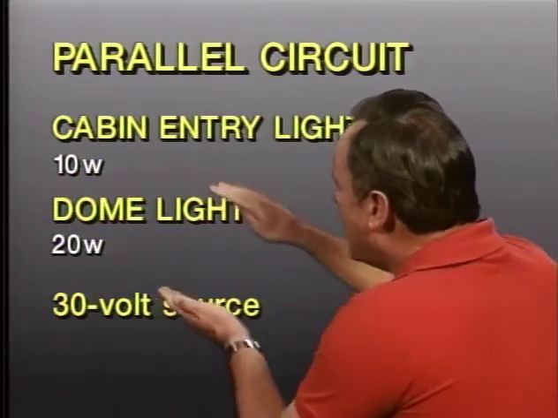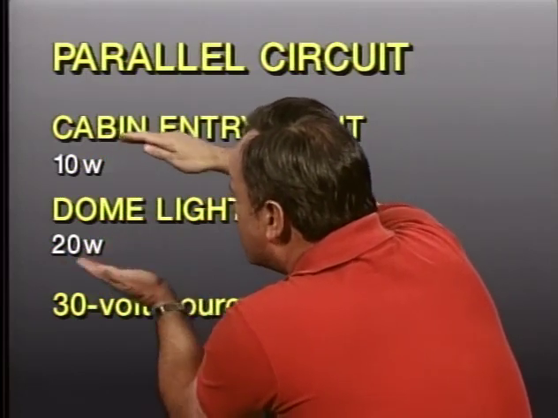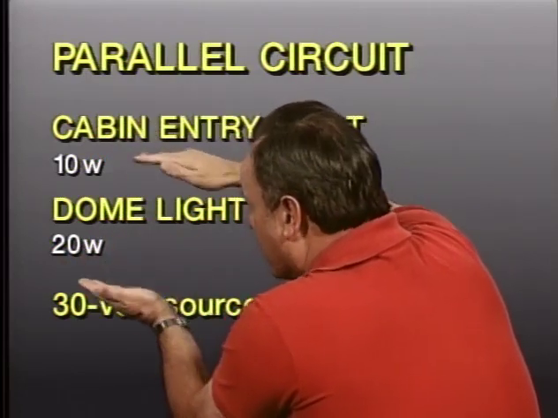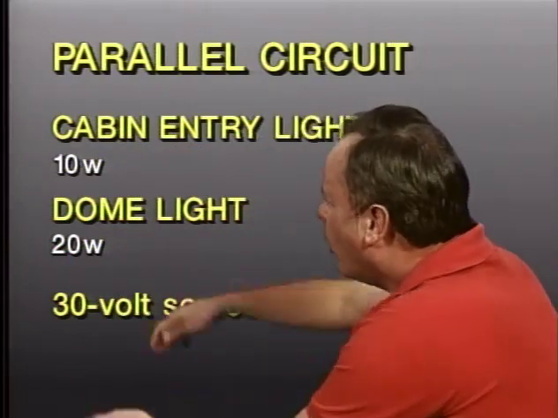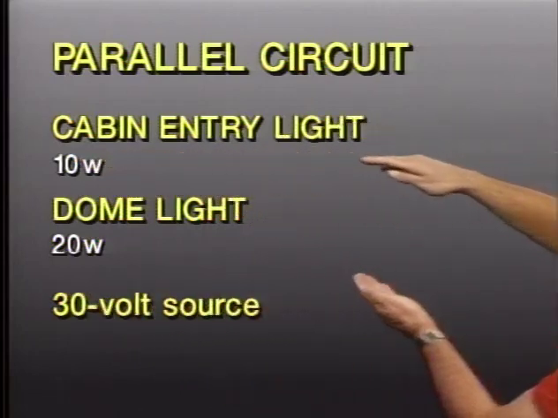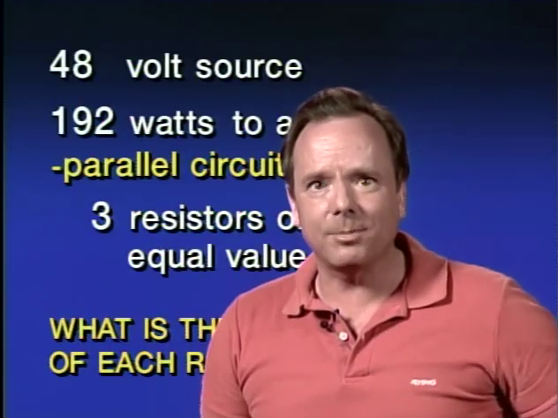And the answer is it will be equal, because these are just resistances in the circuit, and the voltage drop across all resistances that are parallel to each other in a circuit is the same. And what did the wattage have to do with it? Absolutely nothing.